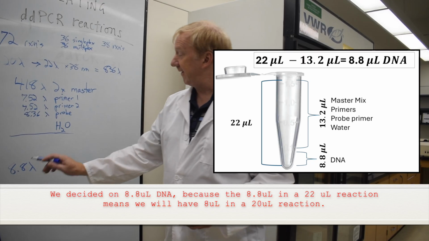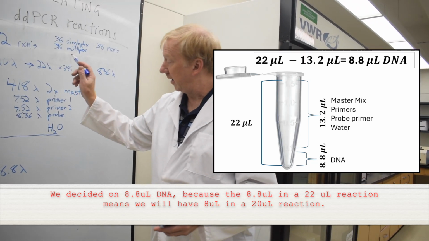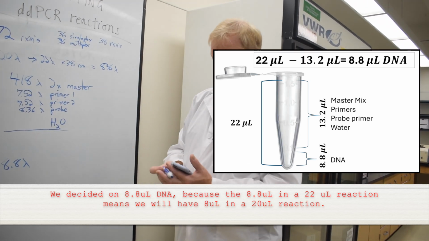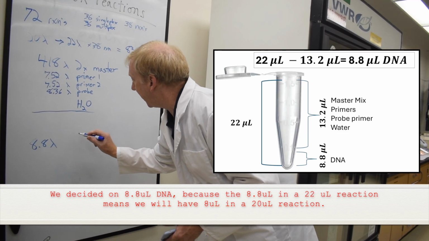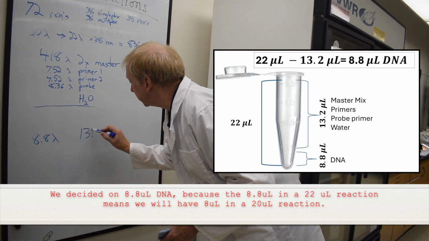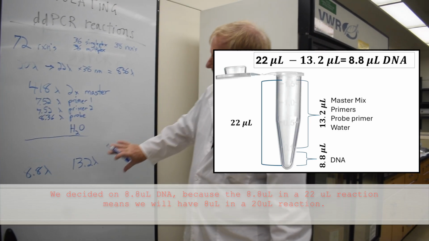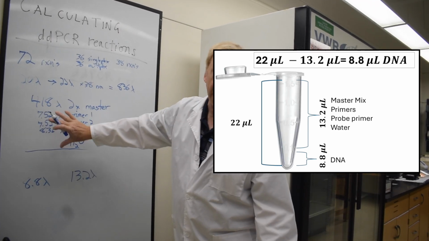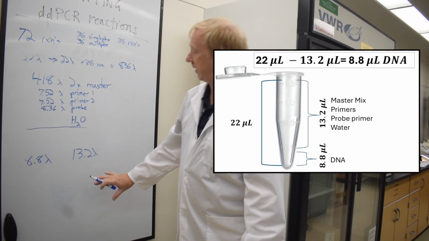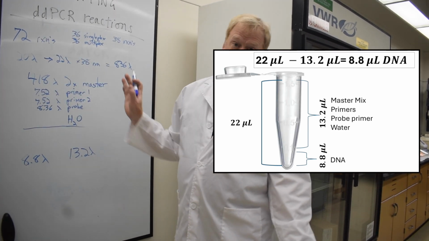For this experiment, 8.8 microliters of template in a 22 microliter reaction means that we want 13.2 microliters of our reaction mix, plus 8.8 microliters gives us our 22.